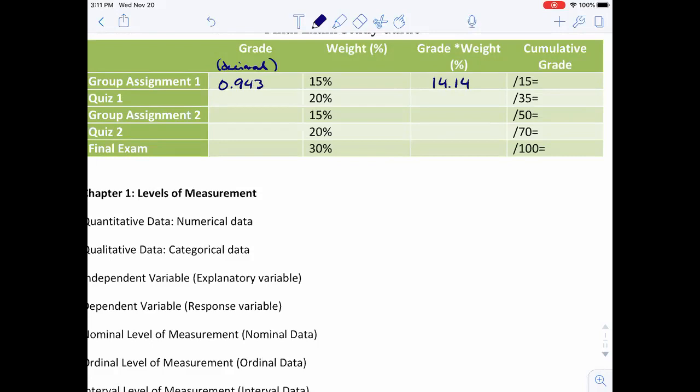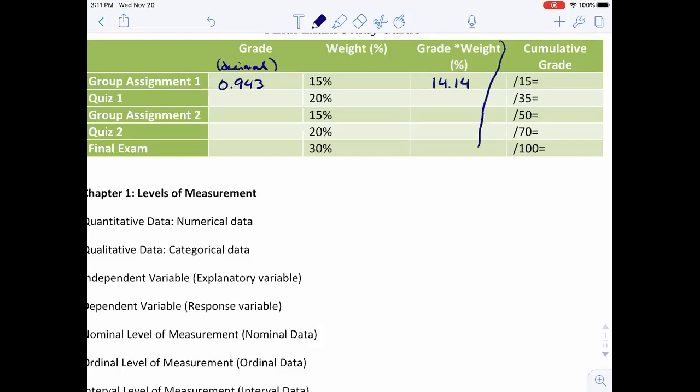So then you keep adding, right, your percentages, and then after you've done your final exam, well, then that grade is going to be, that doesn't really make sense, actually. There's a separate, you need your cumulative grade times weight. That's what you need. You need a new column in there. Ugh.